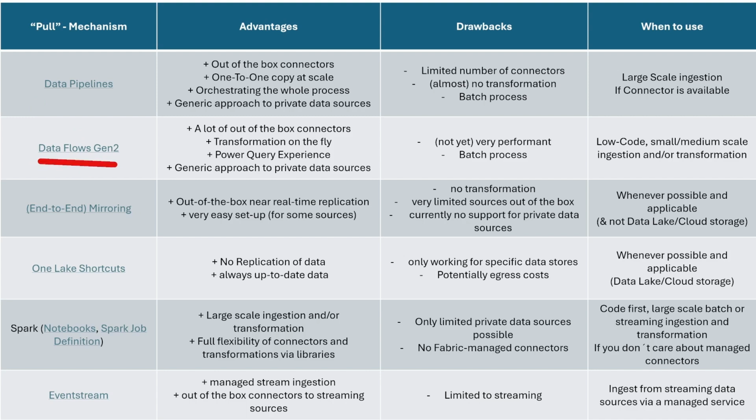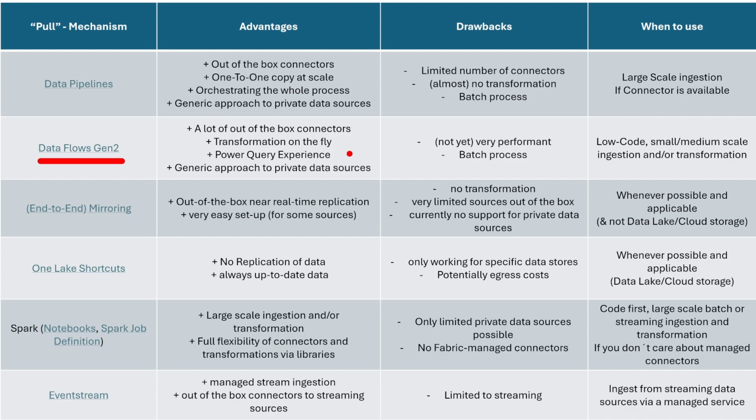The second option I want to talk about is Dataflows Gen2. They are very similar in the sense that they use out-of-the-box connectors. There are currently even more connectors than for data pipelines. They basically use all those connectors you're used to from Power Query, and how you build a Dataflow Gen2 and define the logic is based on this Power BI, Power Query experience.